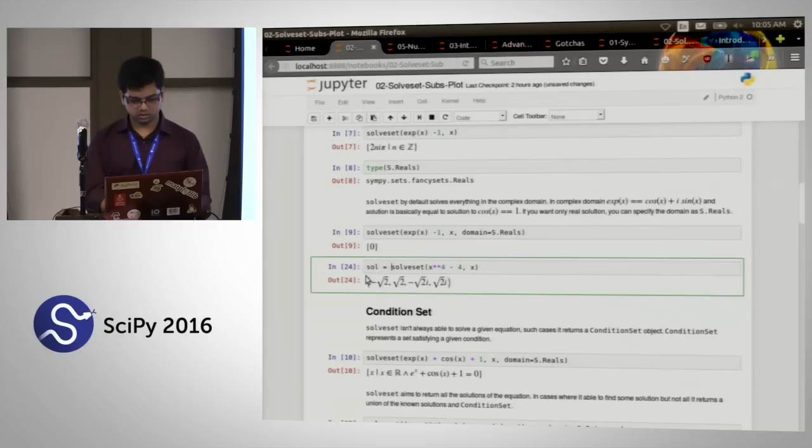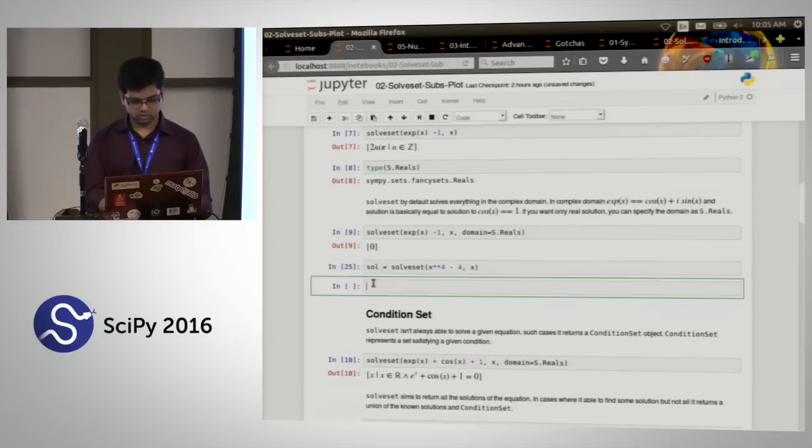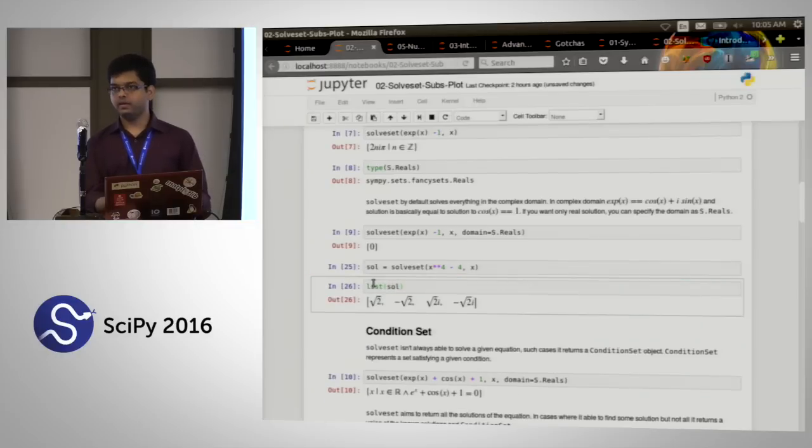So you can convert it into a list and use the solution.